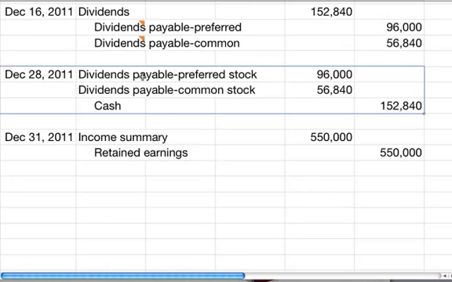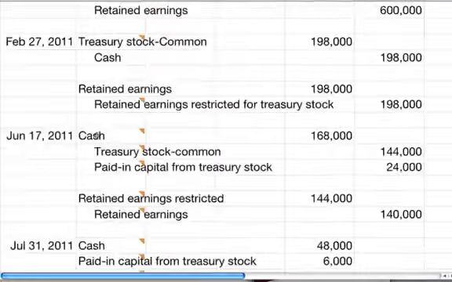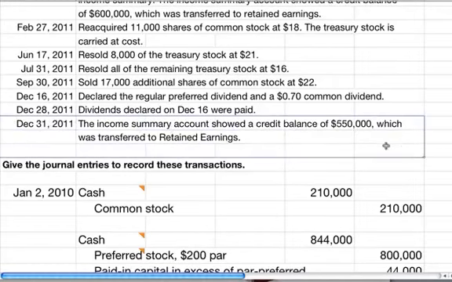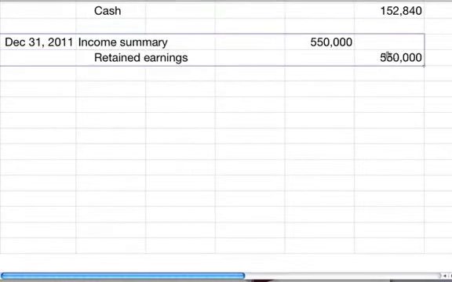Now it's paid, so you debit it to take it away from payable. 96,000 and 96,000, 56,840 and 56,840, and the amount that you're paying out in cash is $152,840. And then on December 31st, we have the income summary transaction, $550,000, that we debit to the income summary to close that account, and we credit that to retained earnings of $550,000.